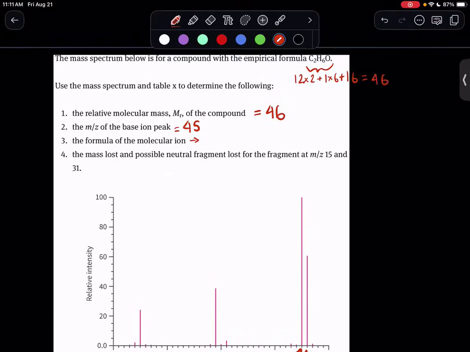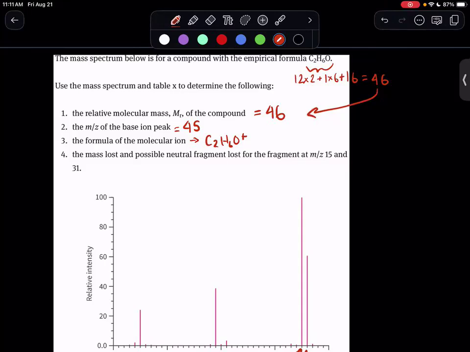Well, turns out my molecular formula and my empirical formula are the same formula, and I know that because my empirical formula has the same mass as the molecular mass of my compound. Therefore, this is just going to be C2H6O with a positive. That's all you have to do for the molecular ion, add a positive.